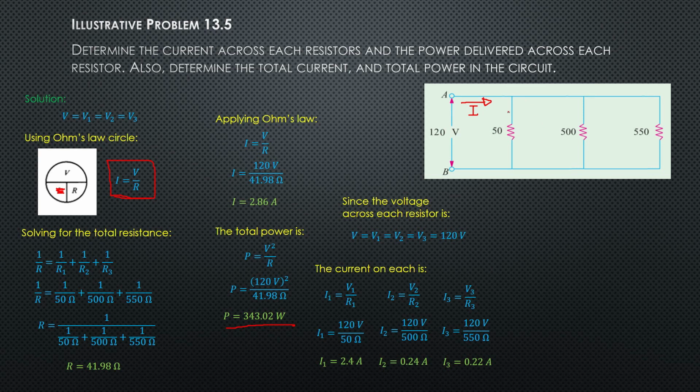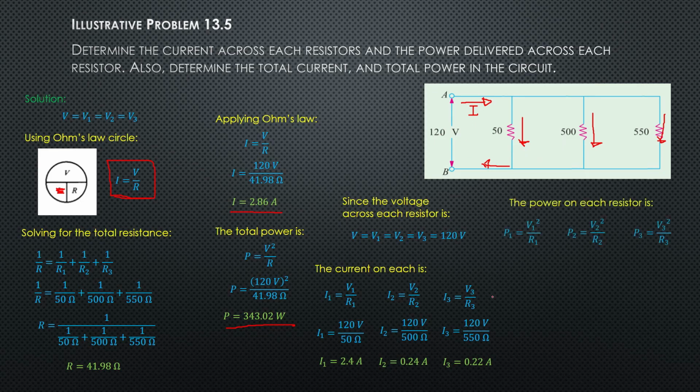So if I1 flows here, that is 2.4, then I2 is 0.24 and I3 is 0.22. If they all come out here again, I1 plus I2 plus I3 gives us this value. That becomes I again, right?